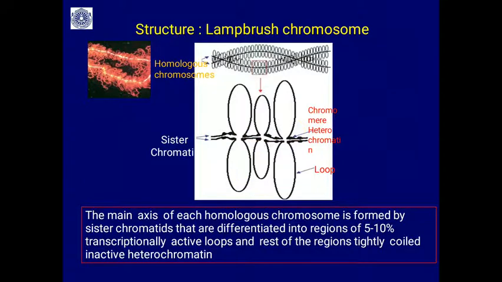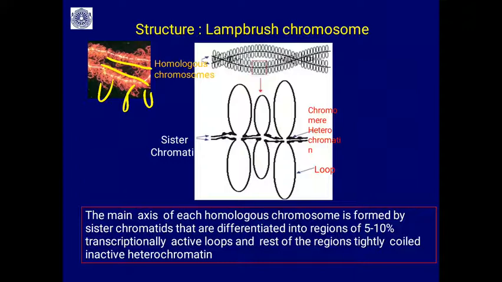What is the structure of the loops? This is the main axis, shown in this fluorescent micrograph. These are the homologous pairs, and each chromosome has several lateral loops.